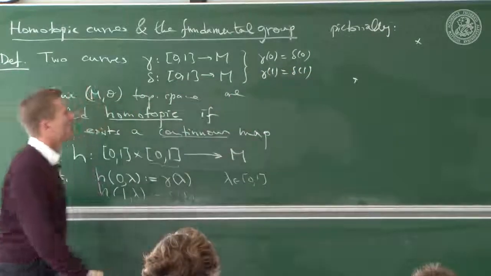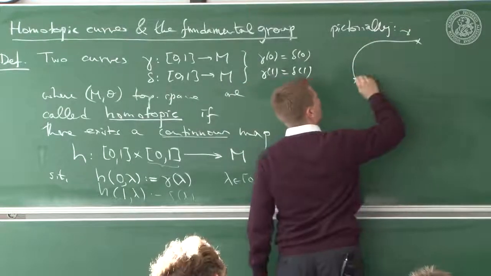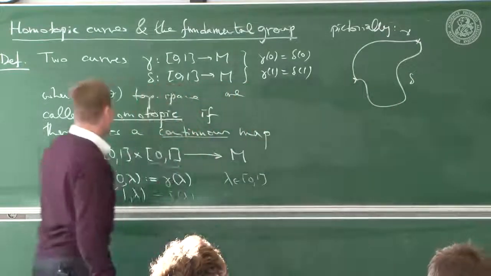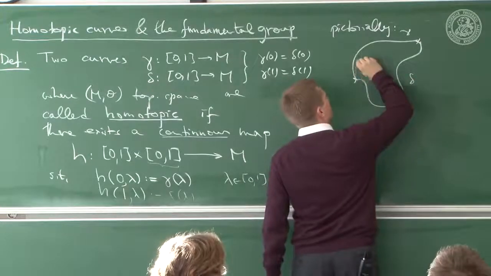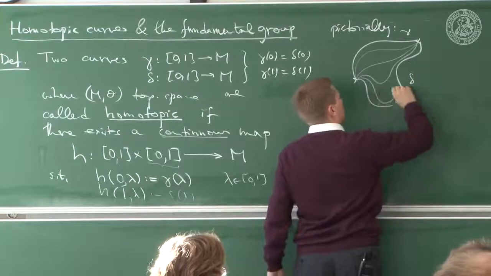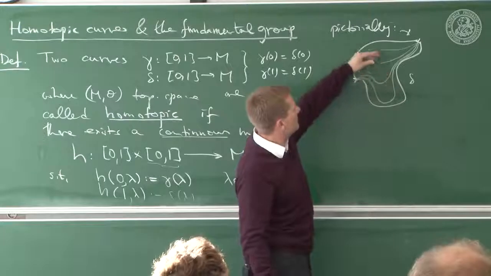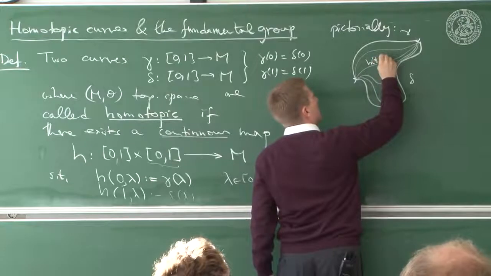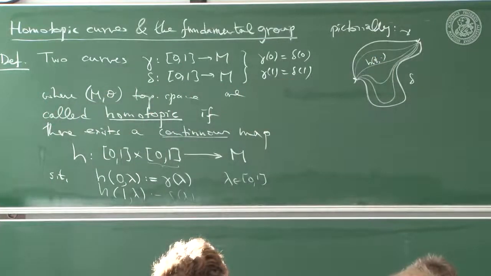So let's take two curves that start at the same points. Let's say this is gamma, and this is delta, the curve. And then the homotopy, in a sense, gives you lots of curves that lie in between, and you can continuously deform the curve delta into the curve gamma. This one in between would be, for instance, h of 1/2, comma, open slot, because it is the entire curve that lies in between.